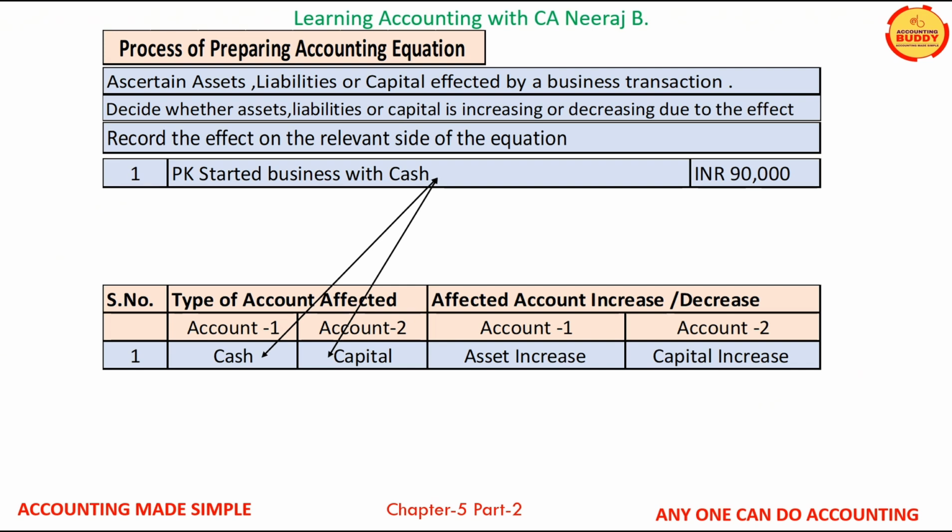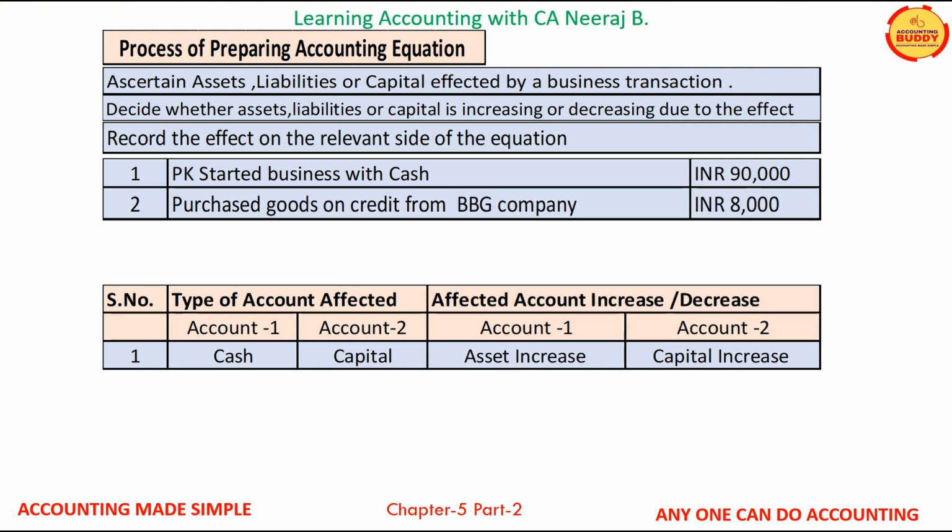In our example, as a result of this transaction, cash, which is a current asset, will increase, and second, the capital will also increase. I hope you have understood this two-step approach. Now let us take second business transaction.